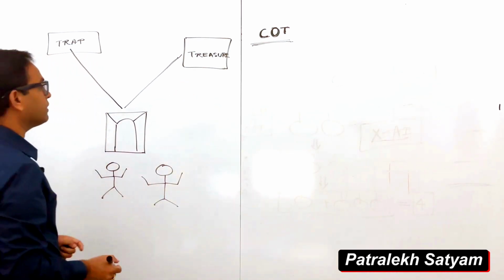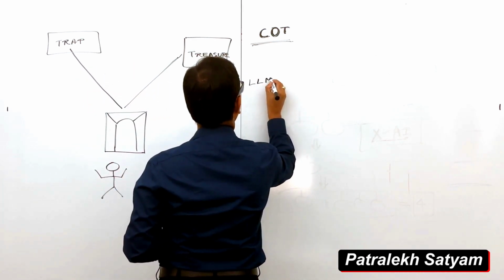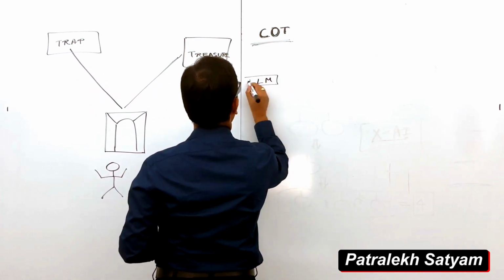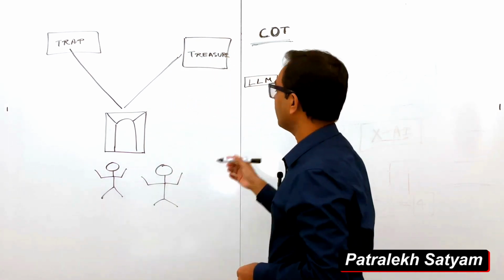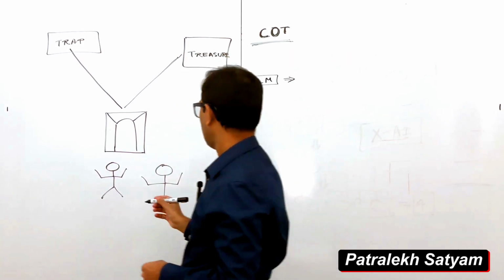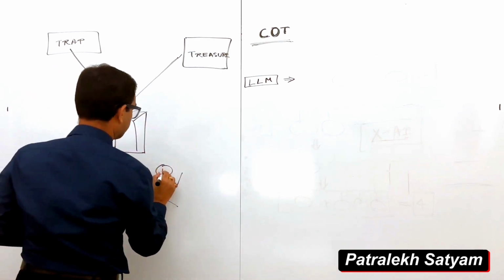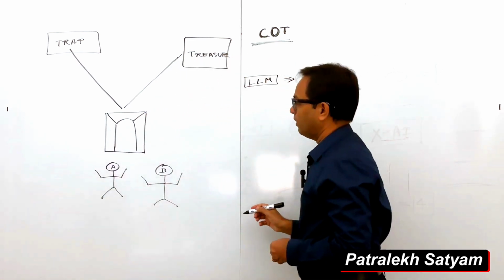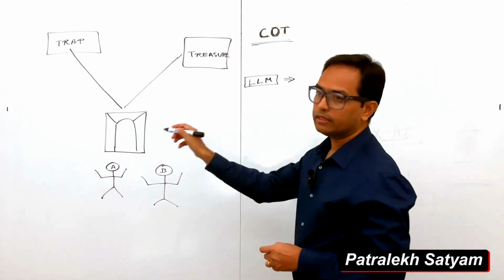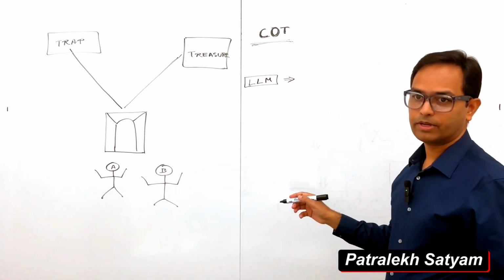Now, I asked this question to LLM without CoT, and the LLM tells me: ask either guard, either A or B, doesn't matter. Ask either guard, what would the other guard tell me, right?